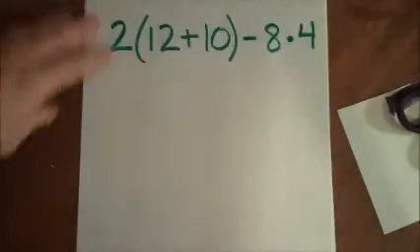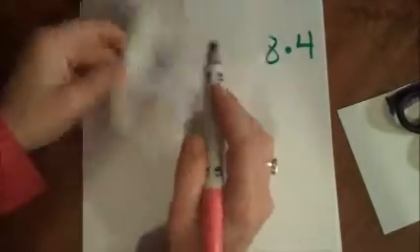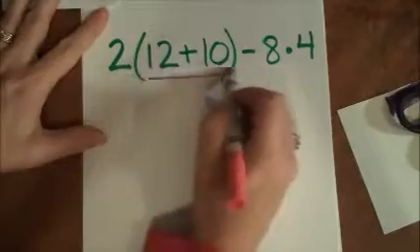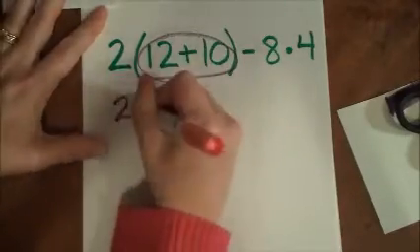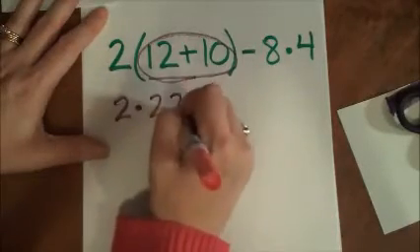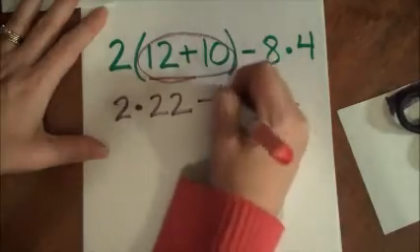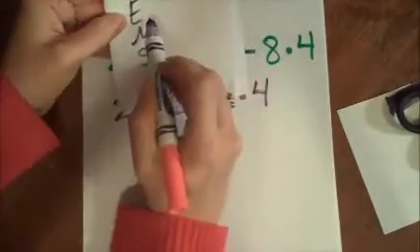Example 2. Going back to my steps, check for groupings. Yes, there is. Circle this and write the rest of the problem. 2 times 22 minus 8 times 4. Check for exponents.